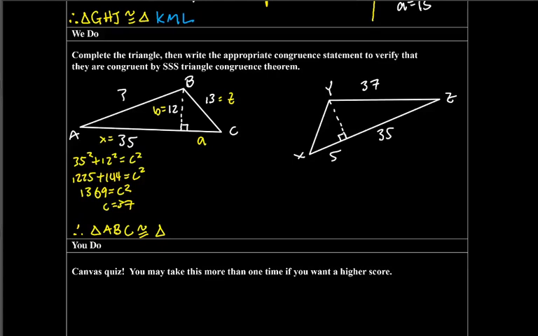Okay, and then let's see. Next part, A, B, Z. A squared, and then we have B squared, so that's 12 squared, 13 squared, 144, what is this, 169.